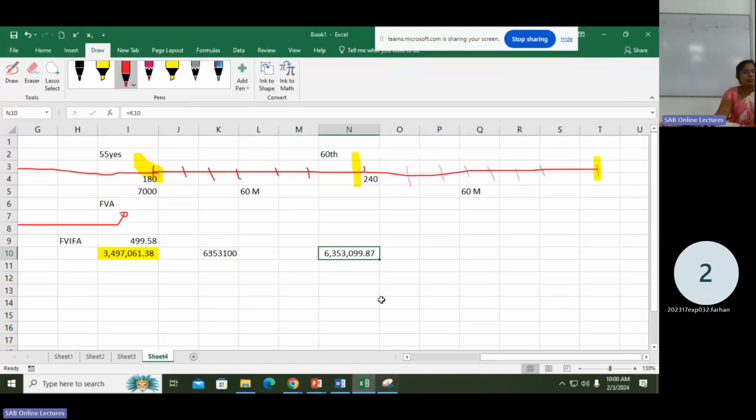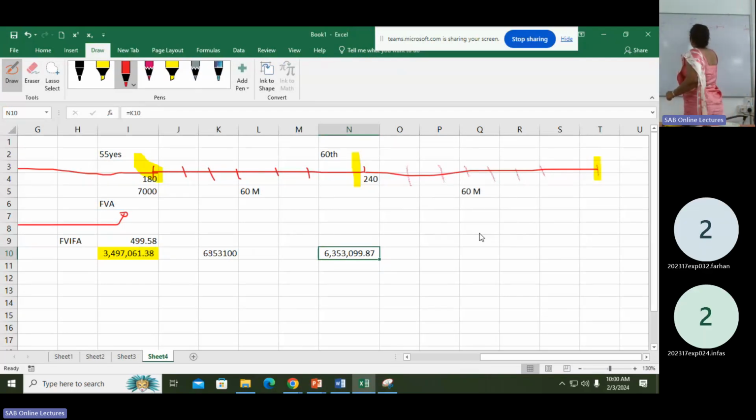So now calculate the monthly withdrawals. This 6,353,099 is equal to the present value of your monthly withdrawals. Here you have to apply the present value annuity factor table and identify the monthly withdrawals.